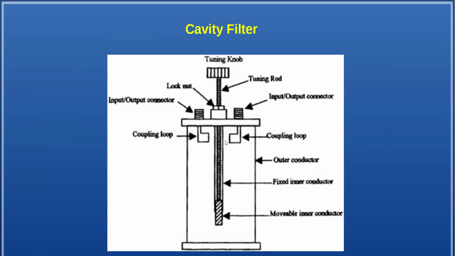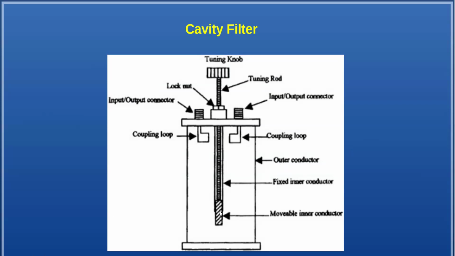This is kind of what a cross-section looks like. It's a cylinder cavity that's designed to be resonant. You have this little input loop and output loop that are connected to the coax connector. That's how you feed it, and the output back out.